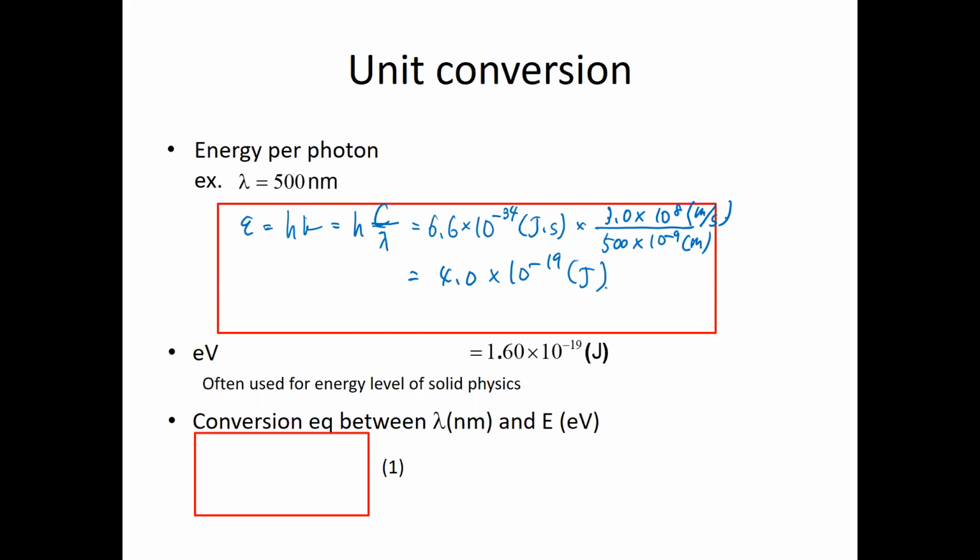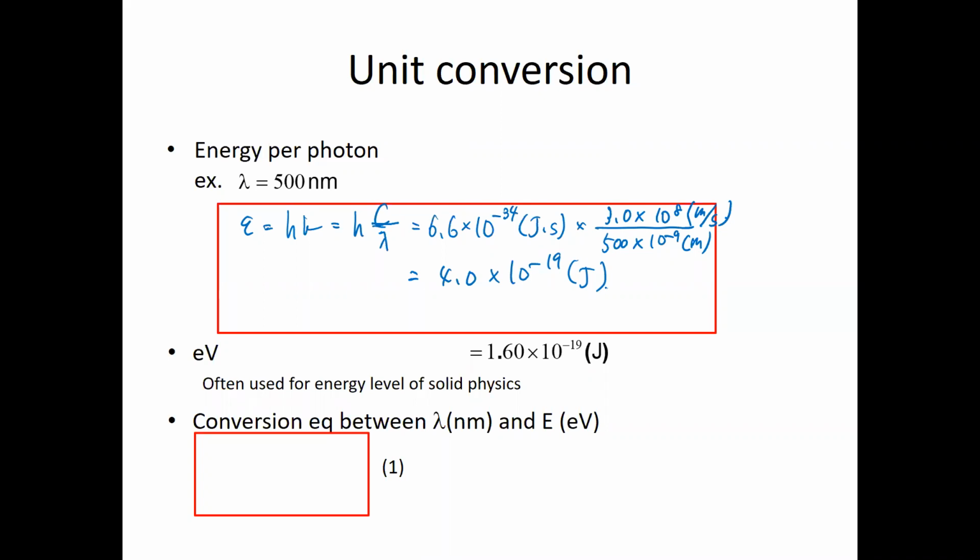But as you can see, every time you are using this unit, it's kind of trouble. Always you have to say some number times 10 to the minus 19. It's kind of trouble.